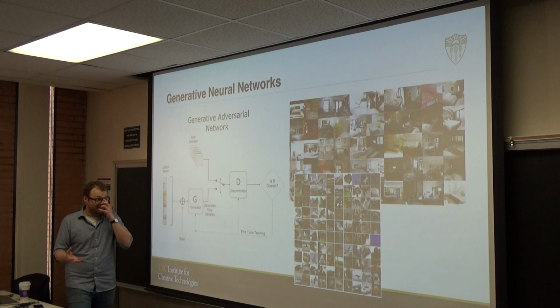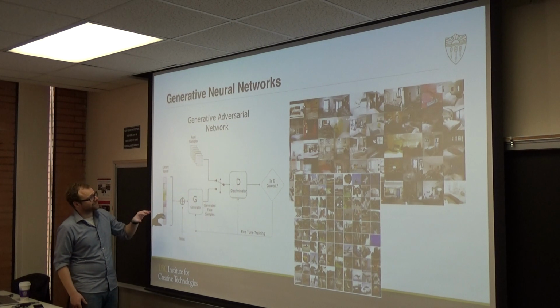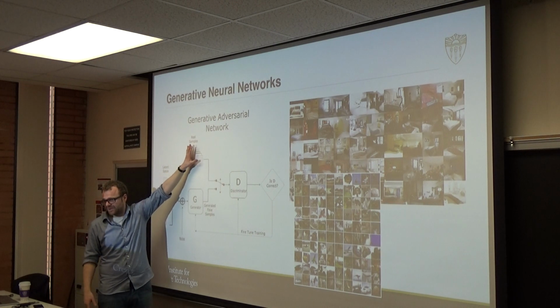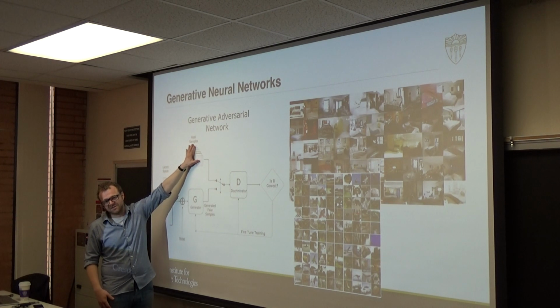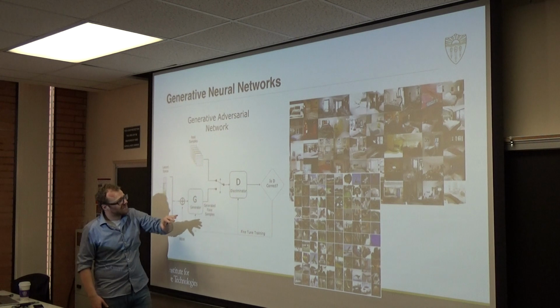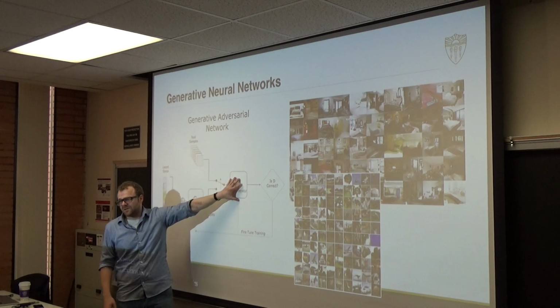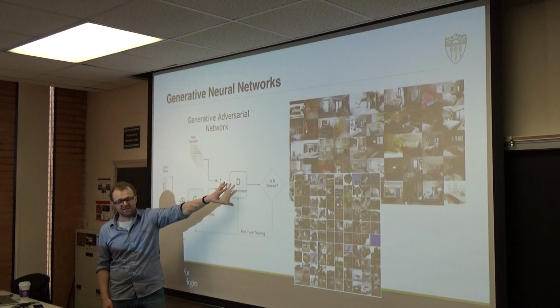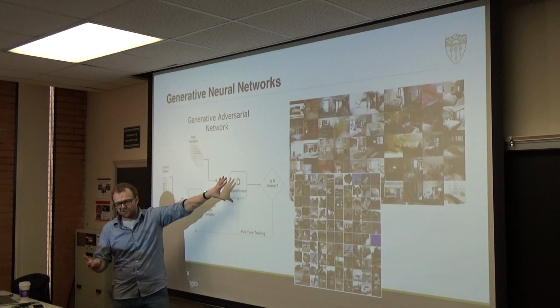And they do it the following way: you have your images or samples, a large number of data points, and they get fed into a discriminator. The discriminator could be, for example, a convolutional neural network, an LSTM, or a recurrent neural network.